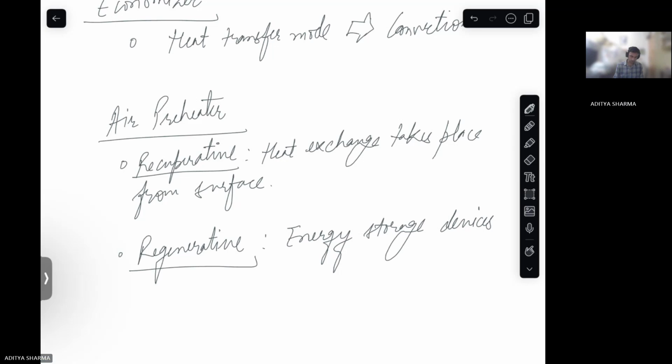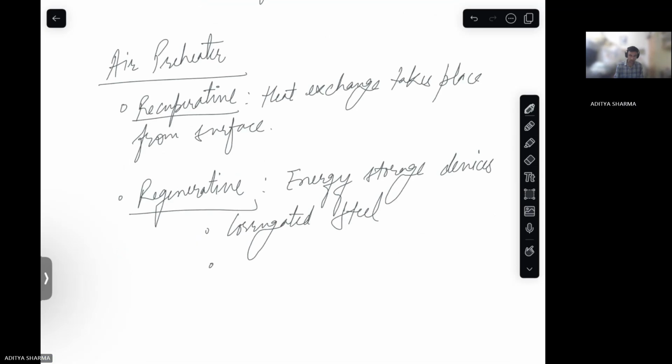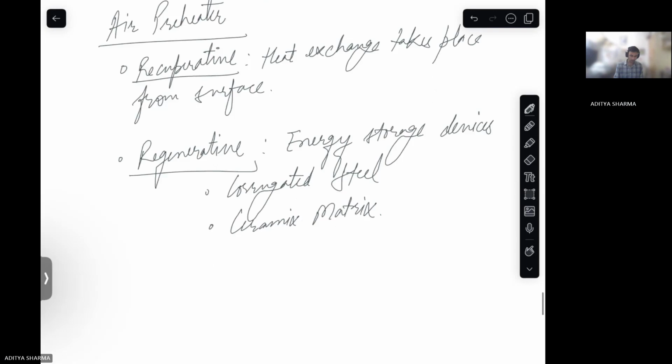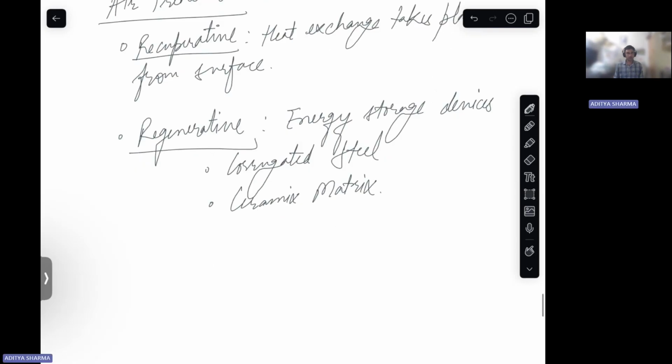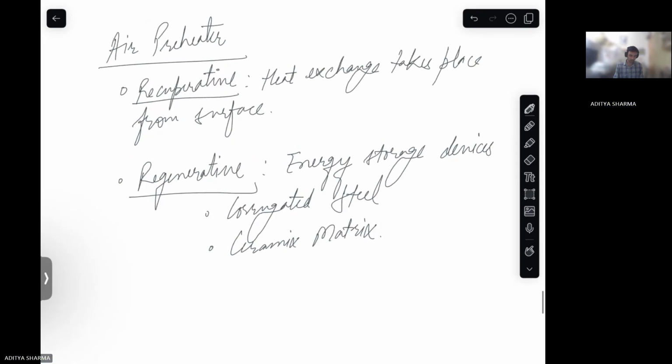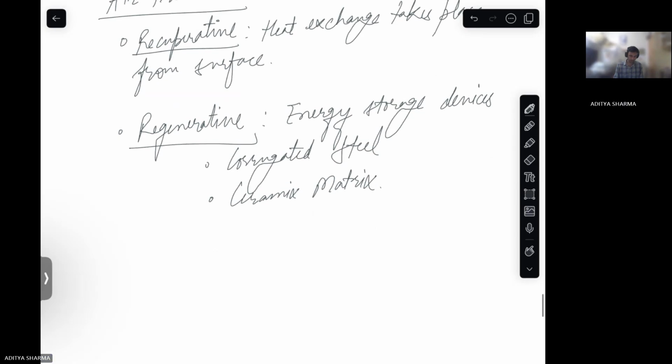So devices like corrugated steel, then your ceramic matrix. So this is your regenerative type of air preheating. All right.